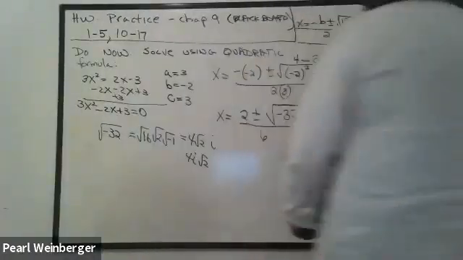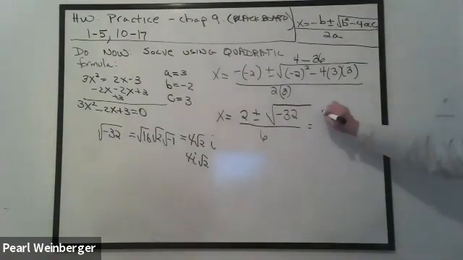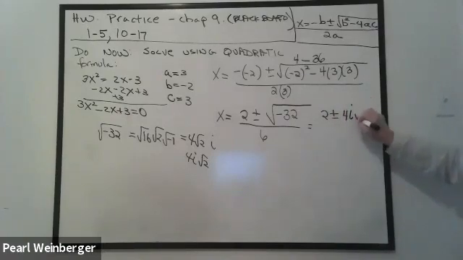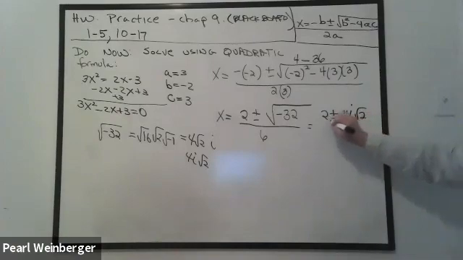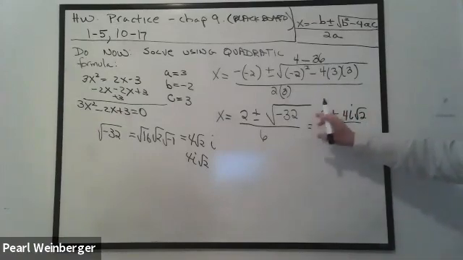So this will become 2 plus or minus 4i radical 2 all over 6. And then I look to see if I can reduce this. And I have these 3 terms.